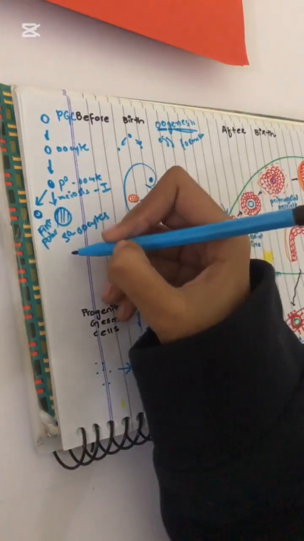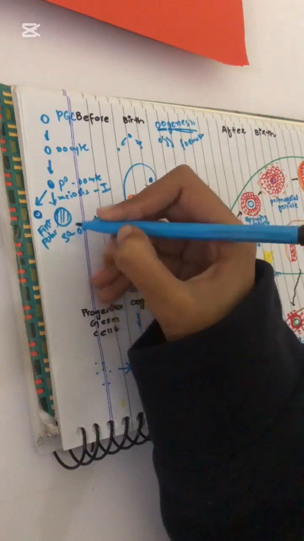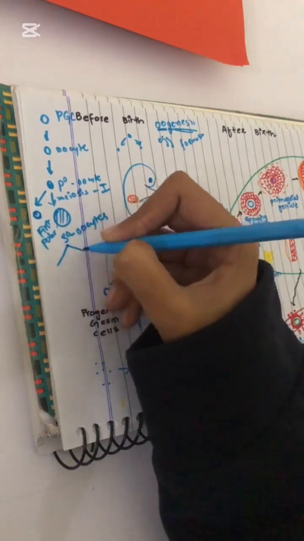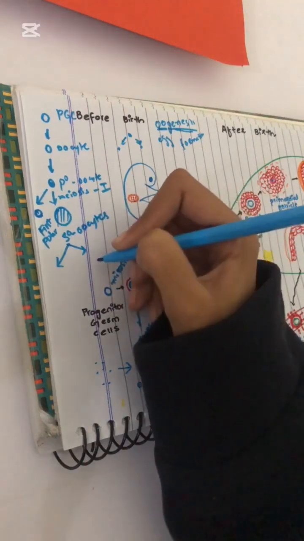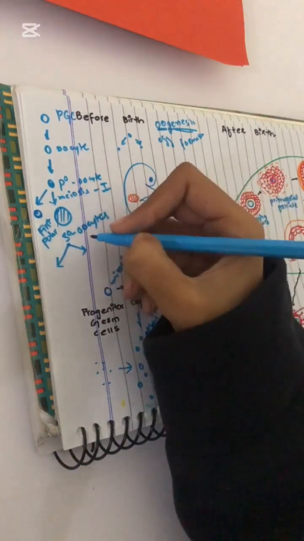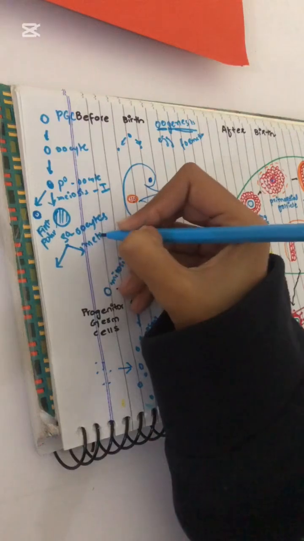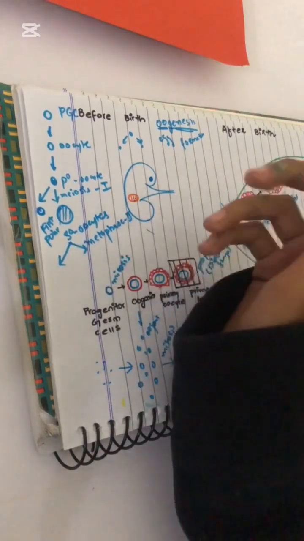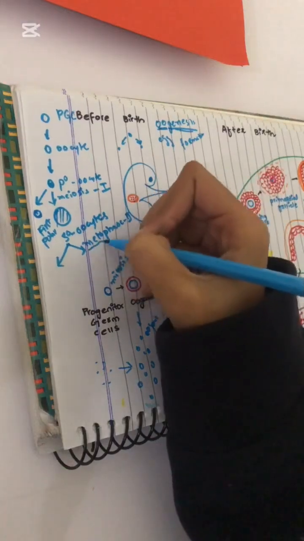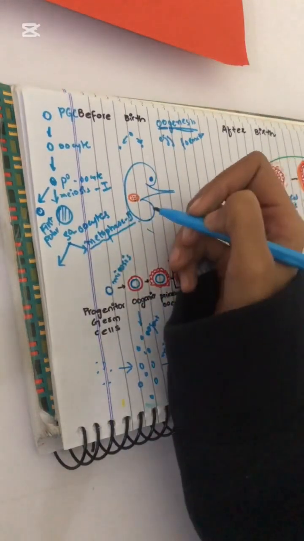The secondary oocyte then initiates meiosis 2 to form two cells. As it starts meiosis 2, prophase occurs, but it becomes arrested at the stage of metaphase 2.